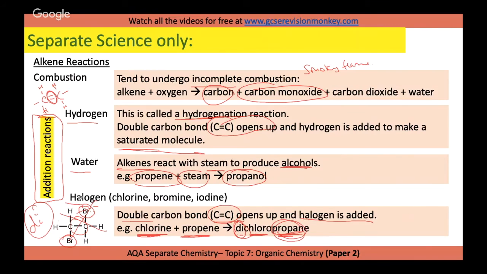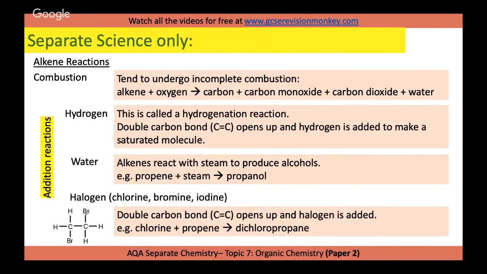In this example, if I just clear the writing for a minute, I started off with ethene that would have had a double bond. I've opened up that double bond, got rid of that, and added bromine, so it would be dibromoethane. Okay, so in this example, dibromoethane.